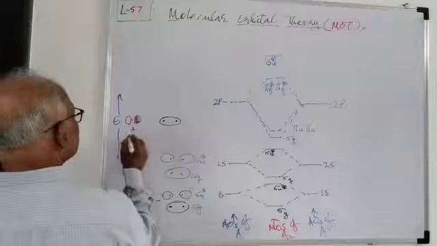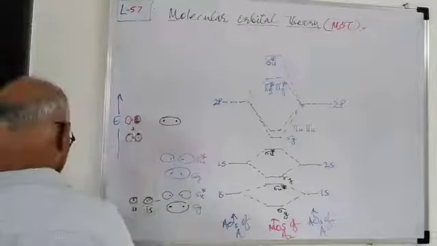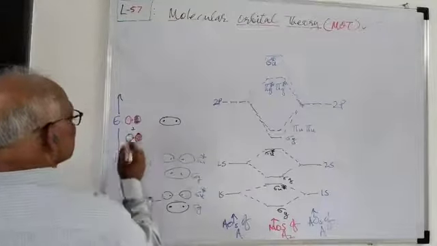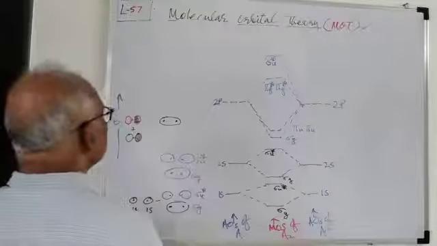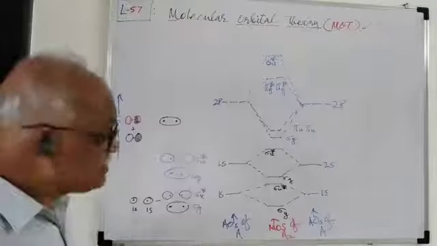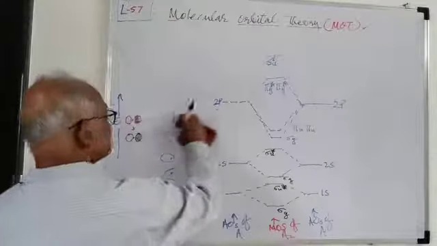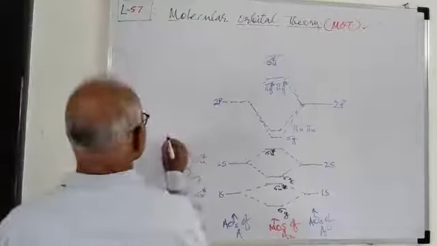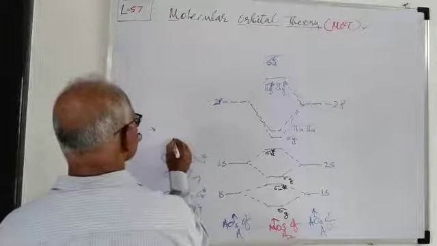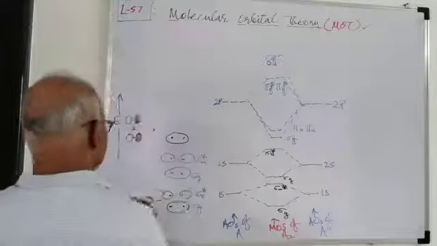So we have shown only one here. So plus we can say here like this. So we will get this sigma G orbital. So we will show here in front of this.